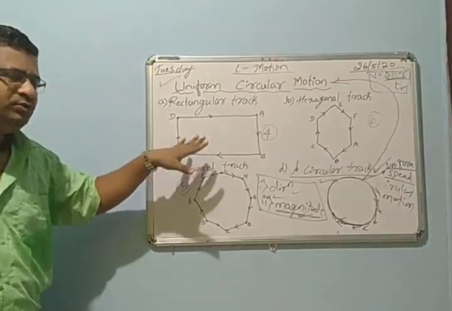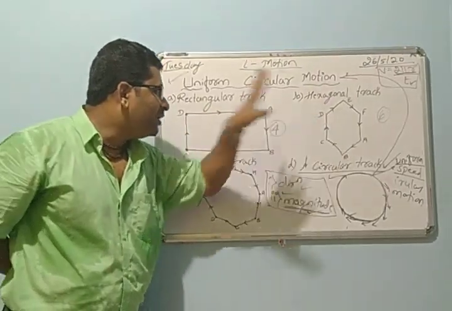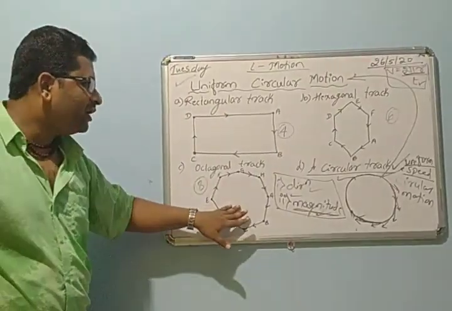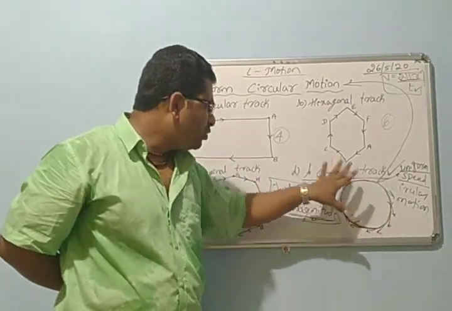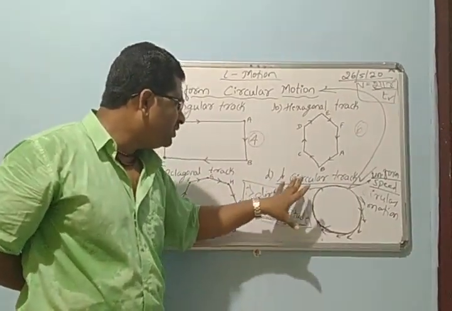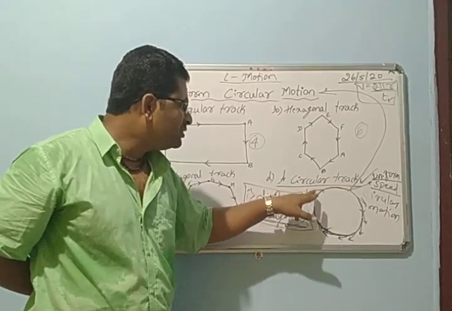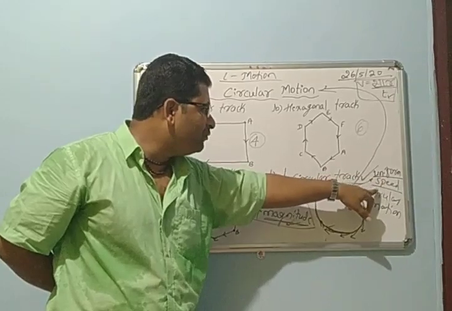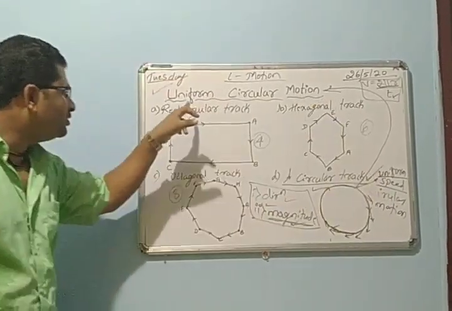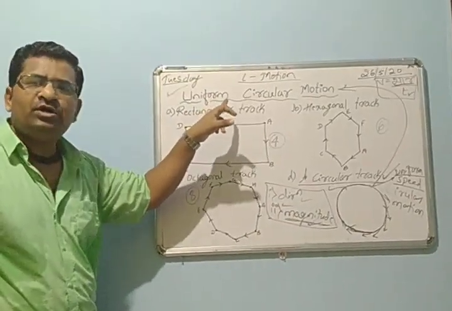The motion of an object along the rectangular track, the hexagonal track, the octagonal track, and at last the fourth illustration, a circular track. In this circular track, the object has to move with uniform speed, and this is nothing but uniform circular motion.